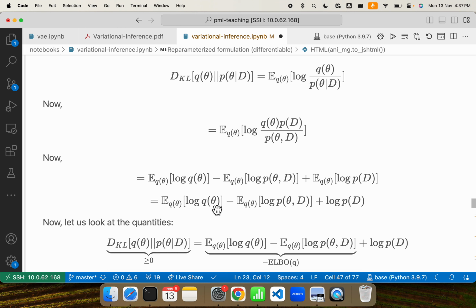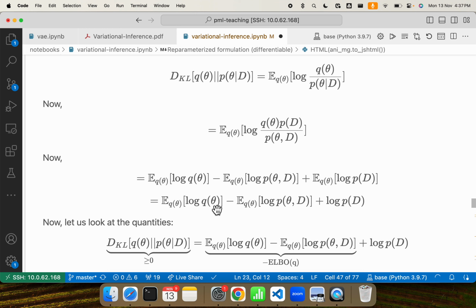Evidence lower bound. Why is it the lower bound? So we know that the KL divergence is greater than or equal to 0. We know that we have this quantity, and then log of P of D is lower bounded by this term.